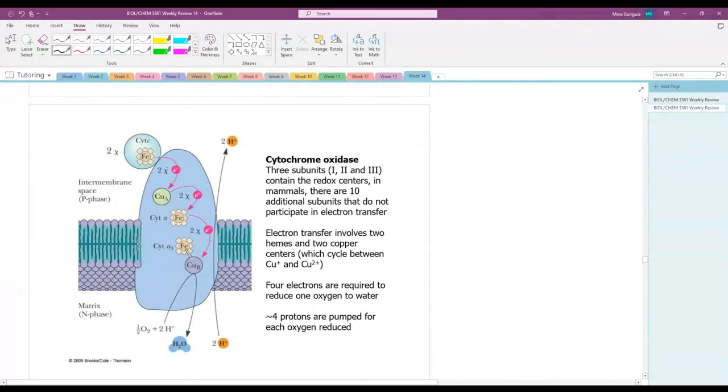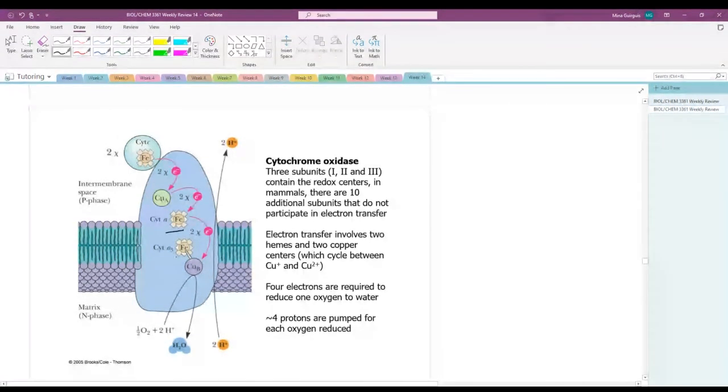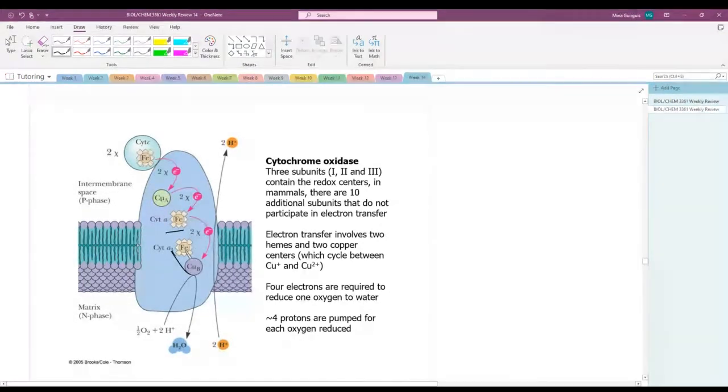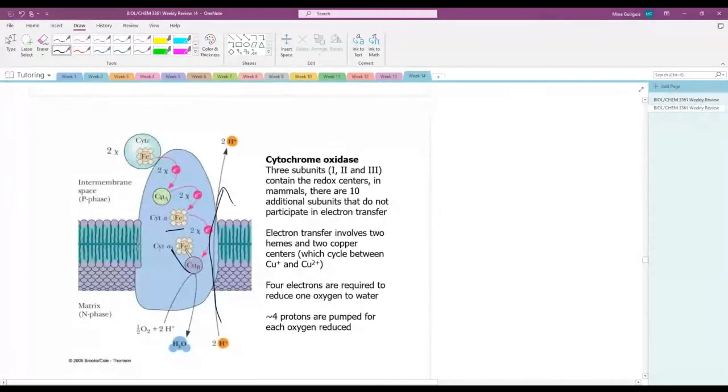And now rather than dealing with iron sulfur clusters, which I don't believe that complex 4 has, we have 2 copper centers. So copper center A and B, which I believe they're pretty similar, but we just do that for notation. They each accept 2 electrons and release 2 electrons into cytochrome A, and then into cytochrome A3 and copper B, which are linked, and then into water eventually. And in doing so, it pushes 2 protons this way.